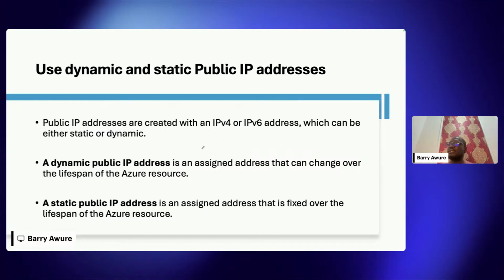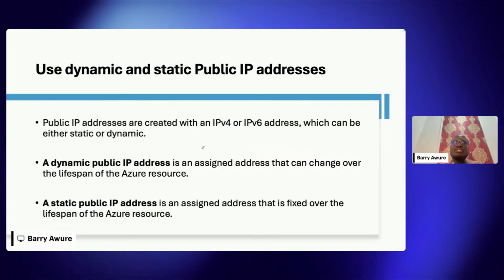We said that the same way you dynamically and statically assign a private IP address, you can also do the same thing with your public IP address. So you can have a pool of IP addresses and then tell Azure to allocate those IP addresses to your different resources automatically. Once you create a resource and attach a public IP address to it, it sticks to that resource for the life cycle of that resource.